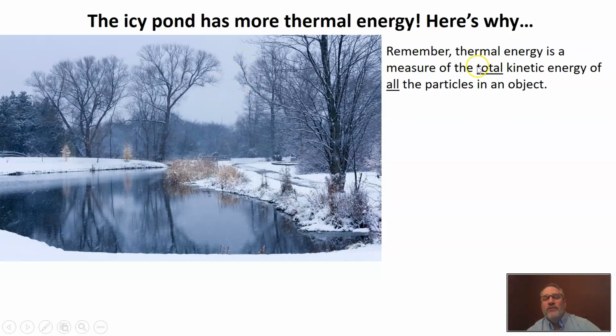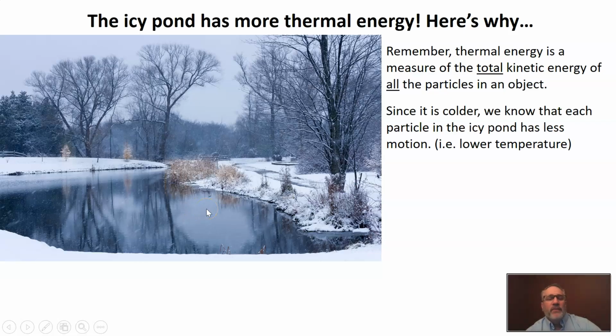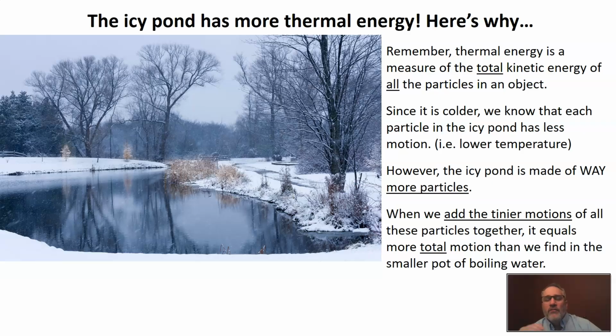Remember, thermal energy is a total. If we look at the number of particles inside of this icy pond, then there are a lot more particles. And remember, if we were to add those tiny motions of all those particles together, the total would be much, much greater than the number we're going to get for the average, which is the temperature.